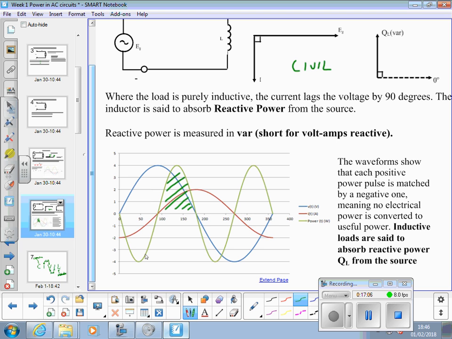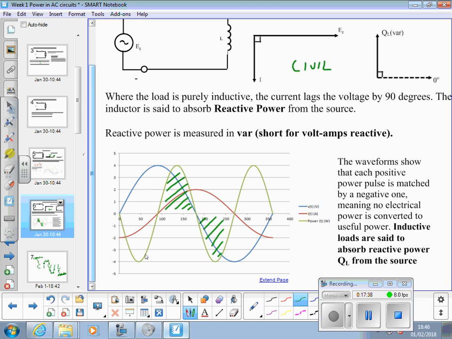The inductor's putting power into the system, but the other half, below the line, the inductor's taking power away from the system. The net power used by a purely inductive circuit is nothing. You're magnetising the inductor one half cycle, demagnetising it the next half cycle. And you'd be doing that all the while, doing no useful work whatsoever.